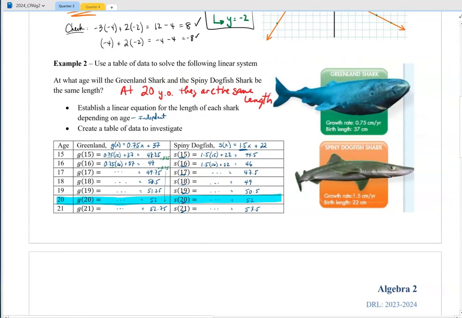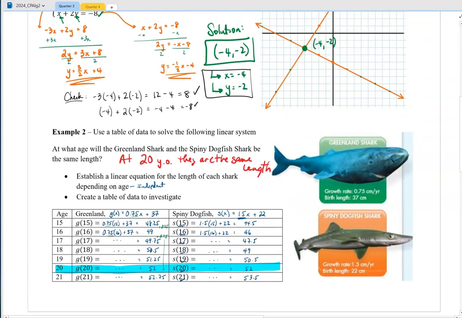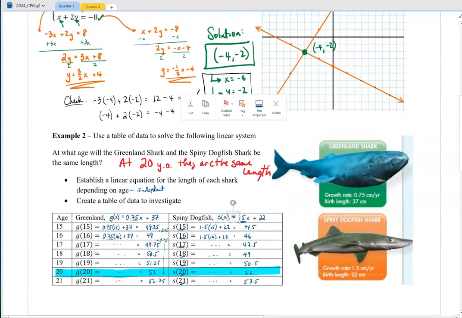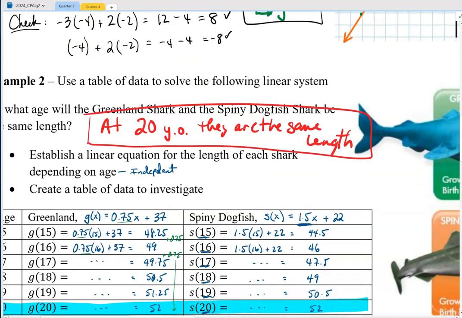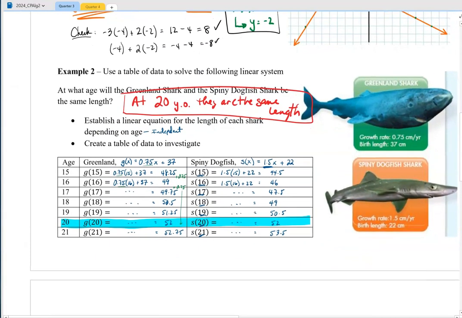So this question doesn't ask for us to report the answer in coordinate form or with x and y values. They're literally just asking for the age when the sharks are the same length. And I think that's a pretty good answer.